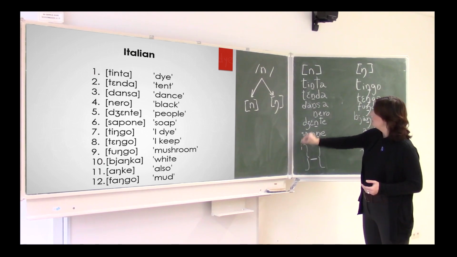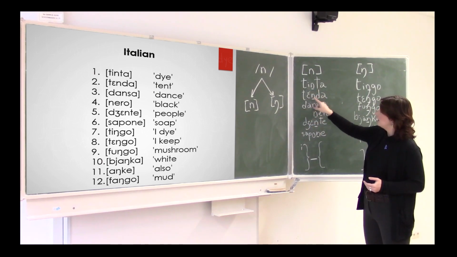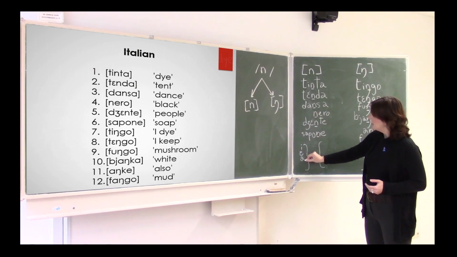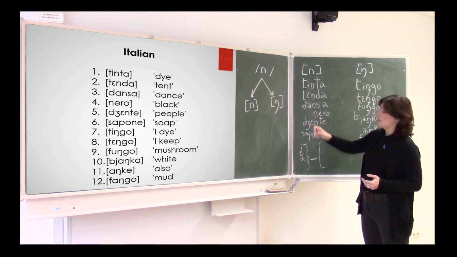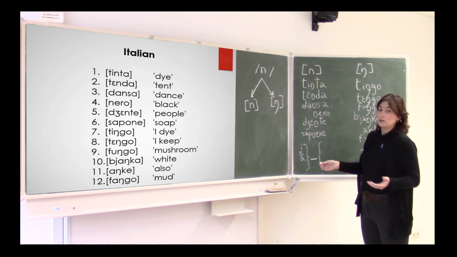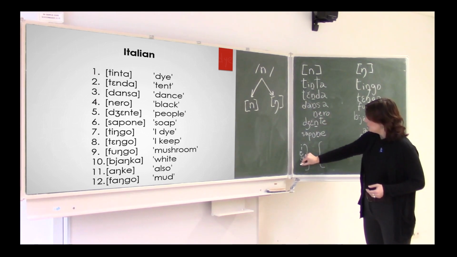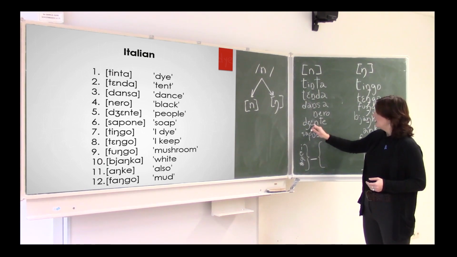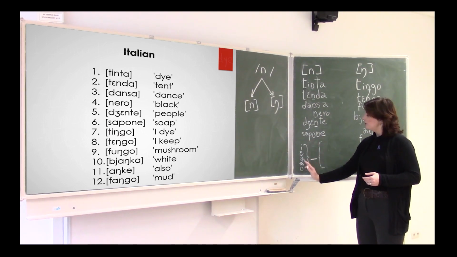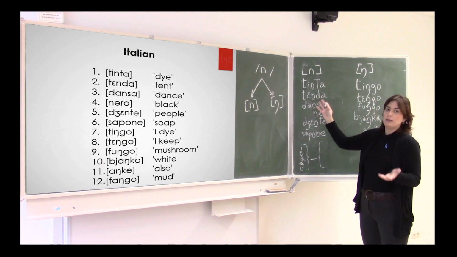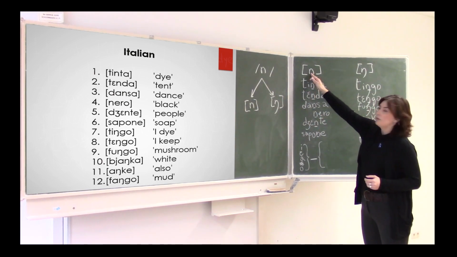So here I have, in tinta, I have this sound, in tenda, I have this sound, in danza, I have this sound, in nero, I have nothing, but silence is actually a very important phonetic non-sound. So I'm going to include it here, and I'm going to symbolize it with just the pound sign. Here I have the same sound as I had before, and here I just have my last sound. So this is everything that can happen in Italian in my data before my alveolar nasal.